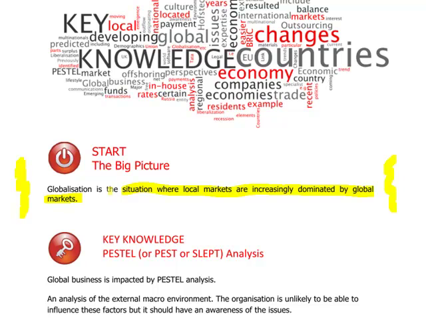As well as individuals wanting similar things, there's been items such as the removal of trade barriers. The enlargement of the EU, for example, in Europe has made it easier to trade between different countries. The internet and associated technology has made it easier to trade and to do business on a global scale.